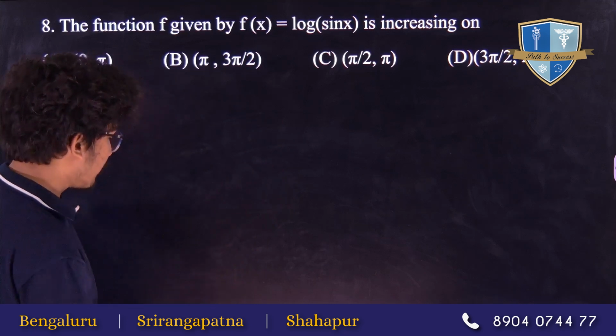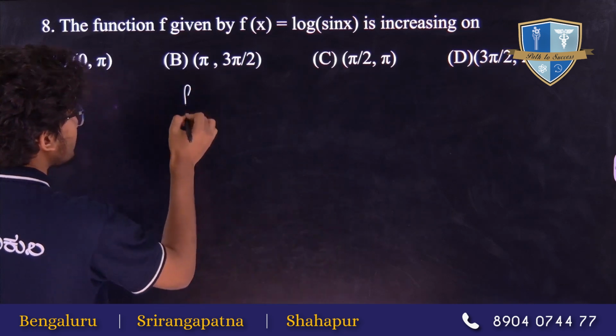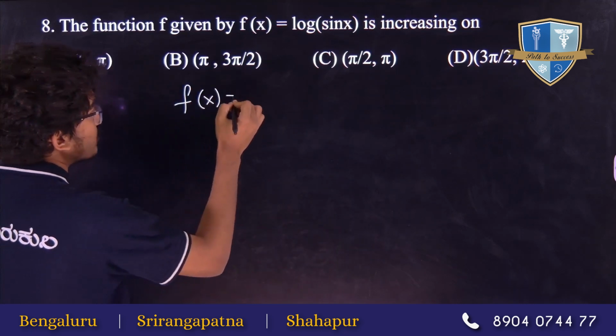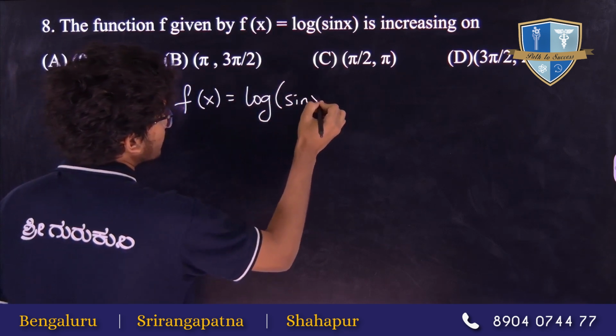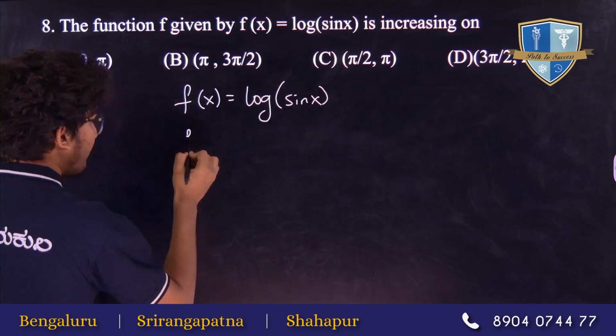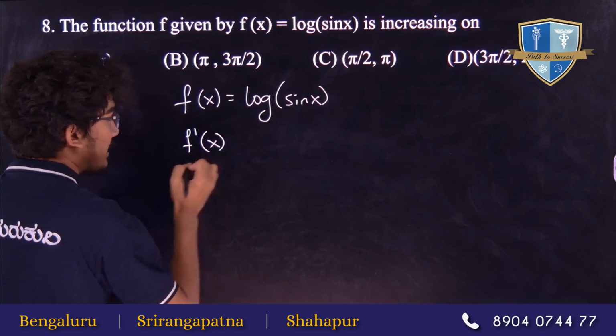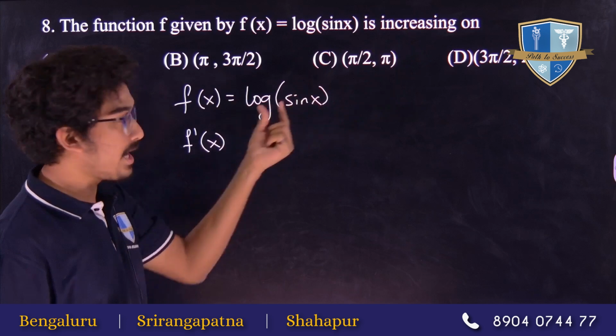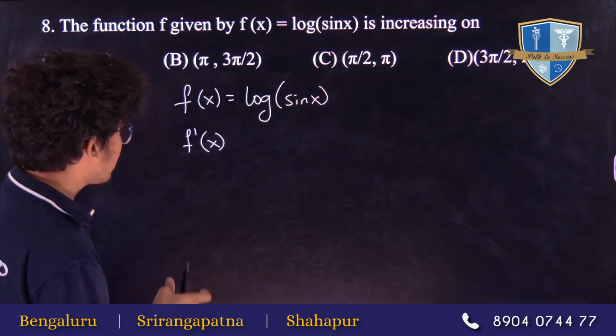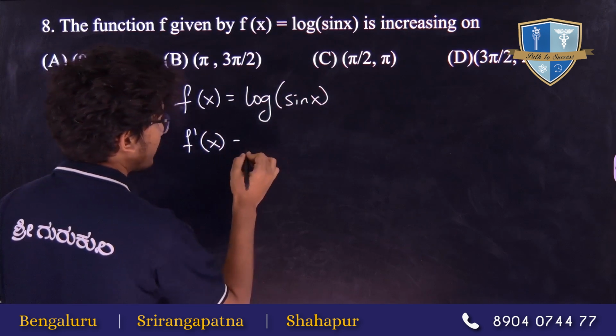Okay. So what we'll do? We have a function here. F of x is equals to log of sin x. Correct? Now we'll find f dash of x and we'll put that greater than 0, because a function is only increasing when f dash of x is greater than 0. So f dash of x, differentiation of this function, we will use chain rule.